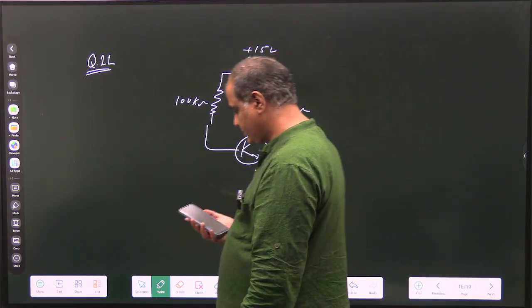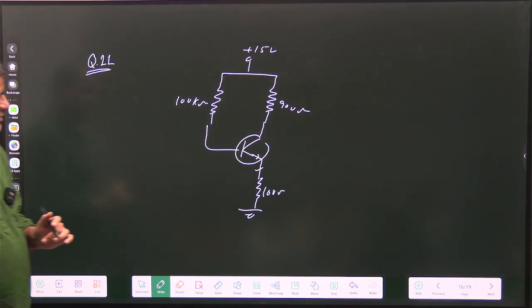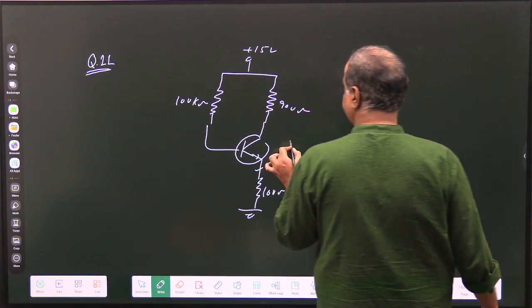Which option is correct? Consider the following circuit in which the current gain beta DC is 100, beta value is 100.